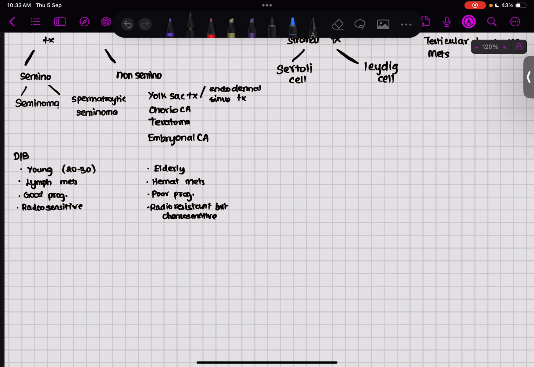Now, seminomatous tumors include seminoma and spermatocytic seminoma.